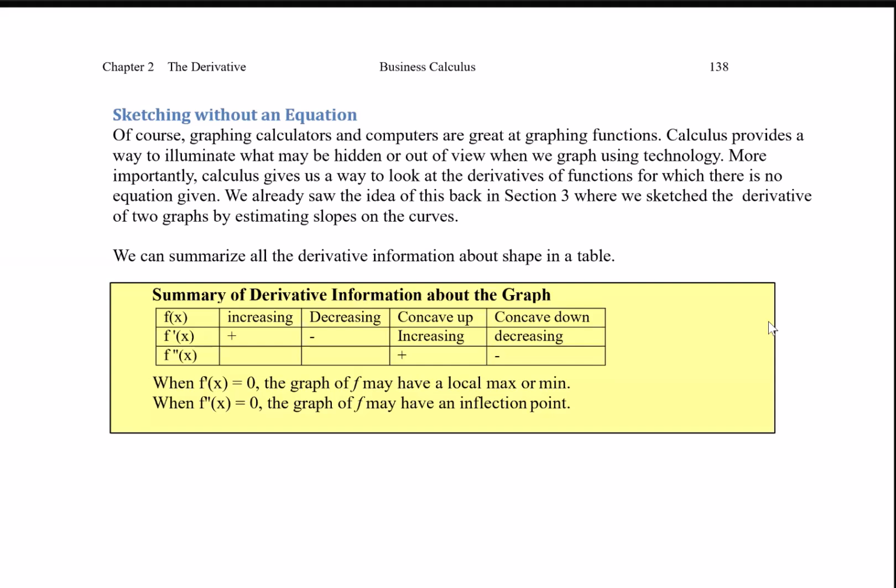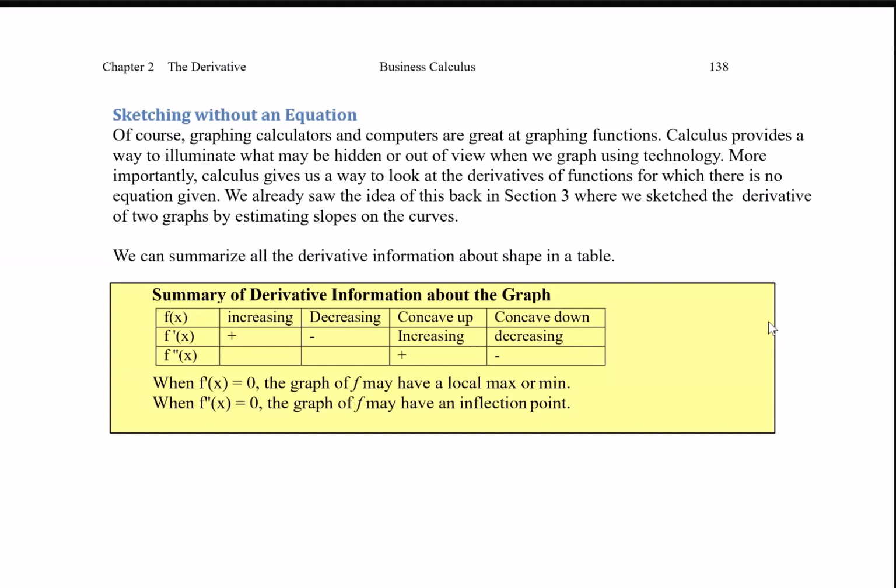Sketching without an equation. Of course, graphing calculators and computers are great at graphing functions. Calculus provides a way to illuminate what may be hidden or out of view when we graph using technology. More importantly, calculus gives us a way to look at the derivatives of functions for which there's no equation given.